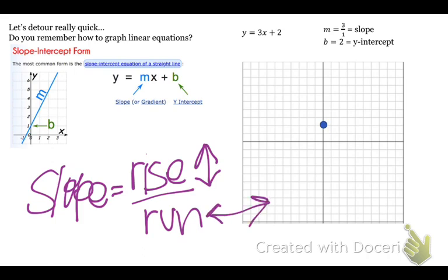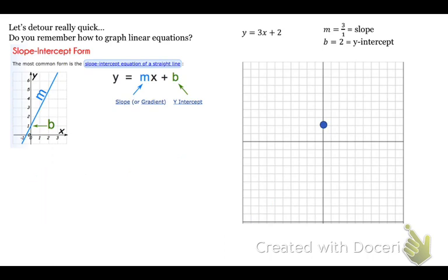Okay, so the top number is always up and down, bottom number is always left and right. So in this case, we have 3 over 1, so that means I go up 3 and I go over 1. And there's that point. Then I'm just going to do it again, up 3 over 1, there's that point, and then you can draw a line through that. And there is our linear equation.